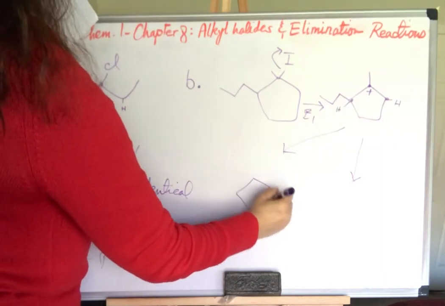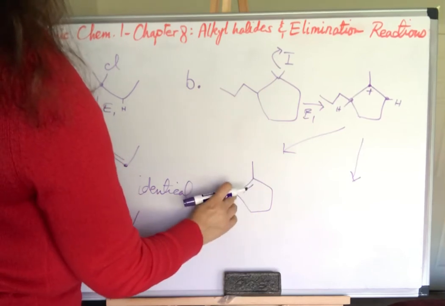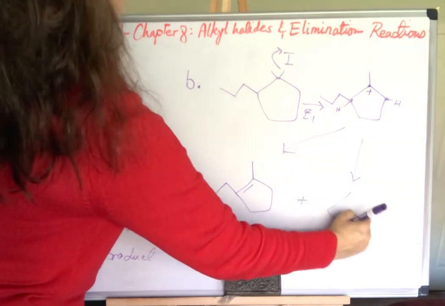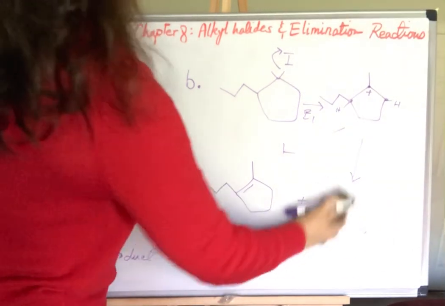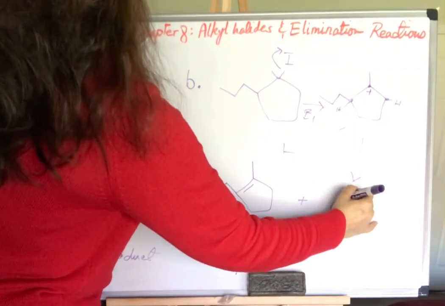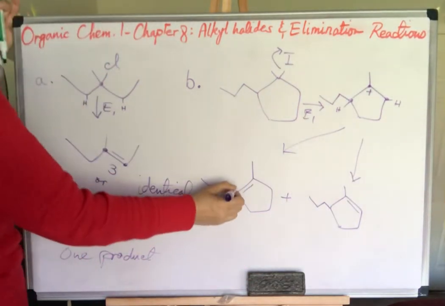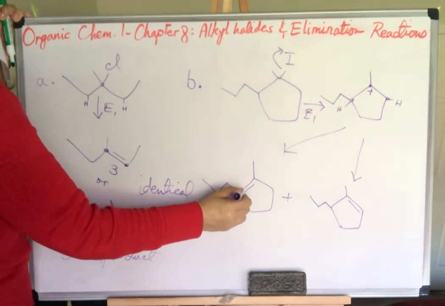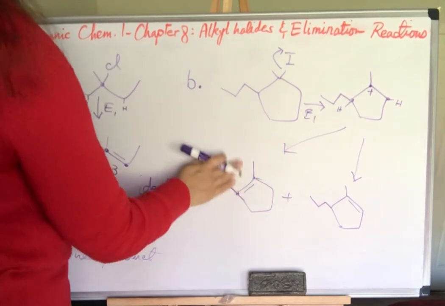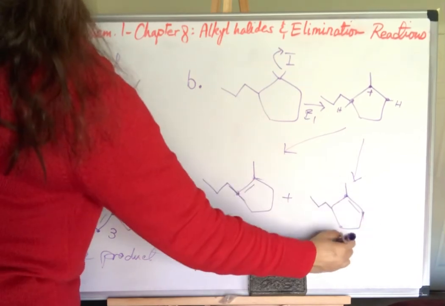So we will have two products. Now let's determine the stability. 1, 2, 3, and 4. 4 substituents. And here, 1, 2, and 3.